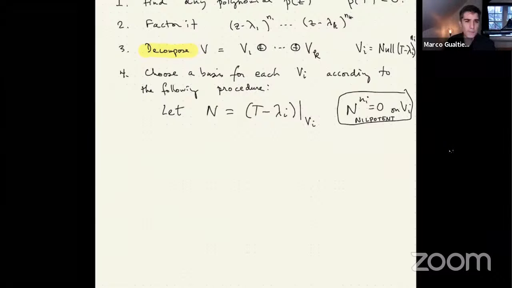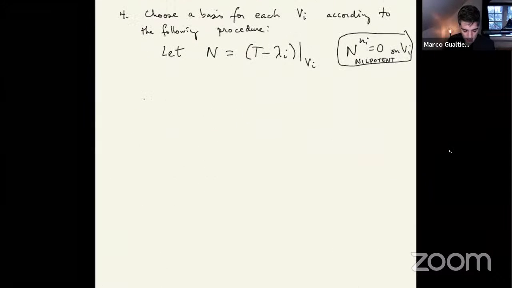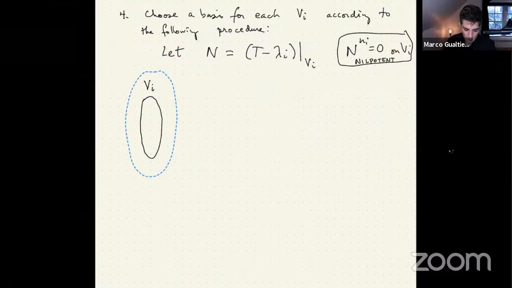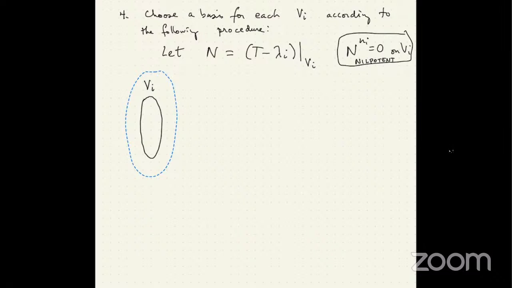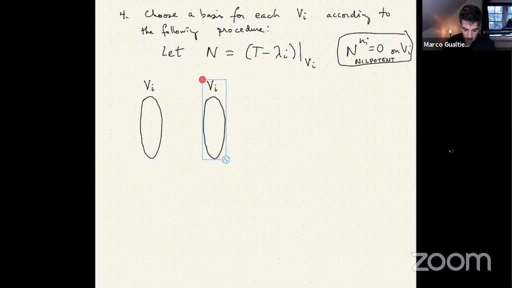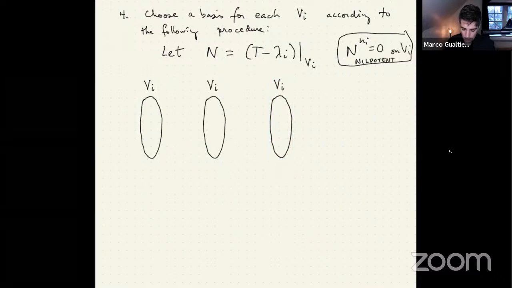So let's draw a picture of this. I'm going to draw a slightly different picture, which is maybe less sadistic. I'll draw a picture of VI, and we'll copy it again, and again, and again.